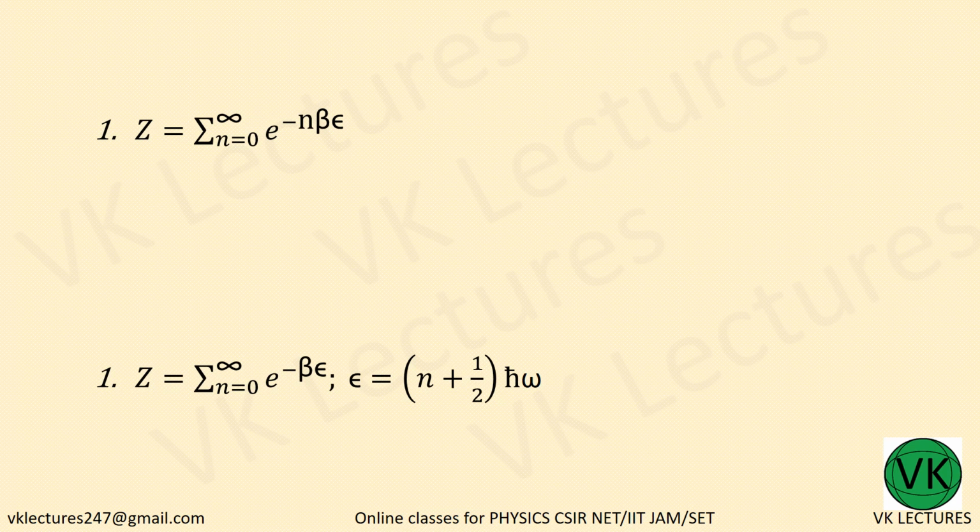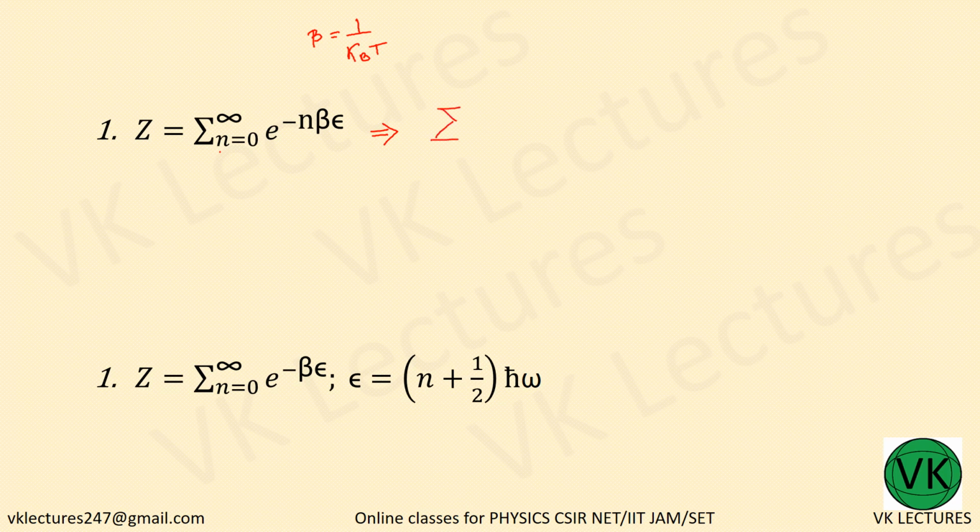Here is one such example that we are using in statistical mechanics. Z is equal to the sum over n equal to 0 to infinity of e to the power minus n times beta e. Beta is nothing but 1 over kBT.